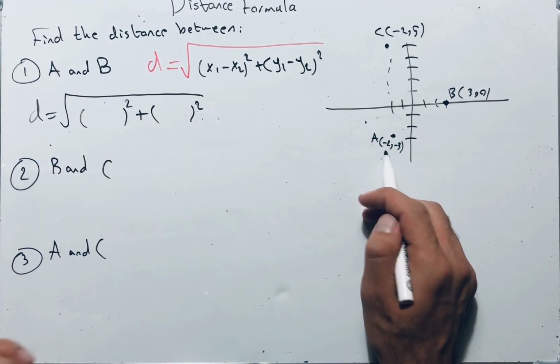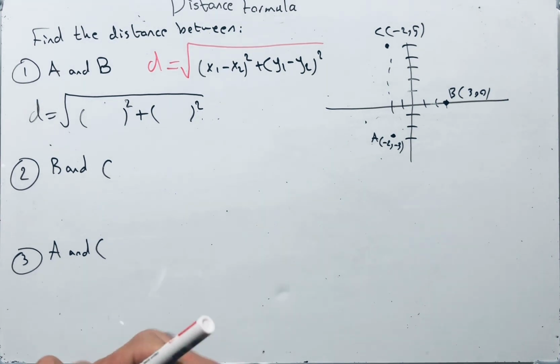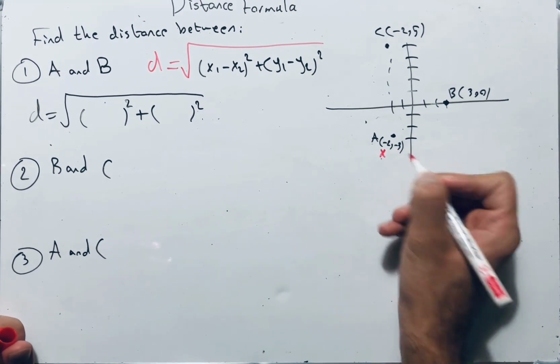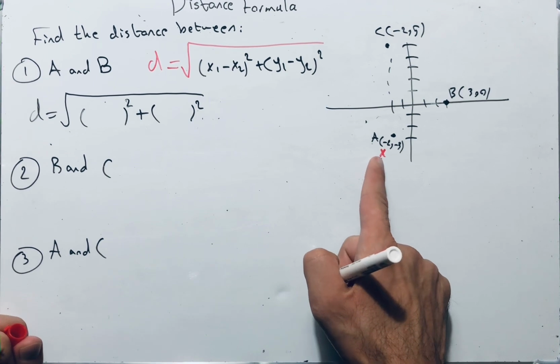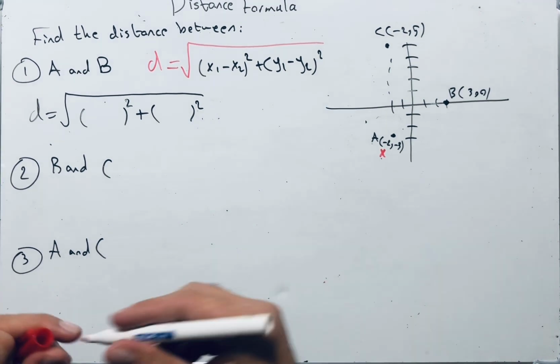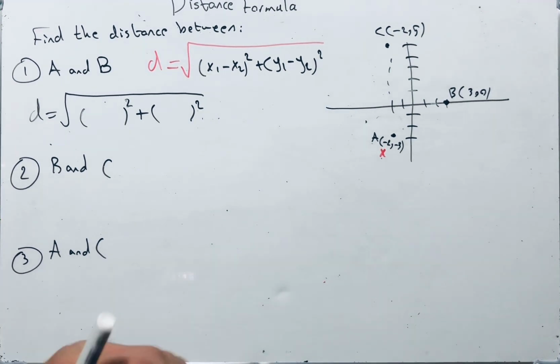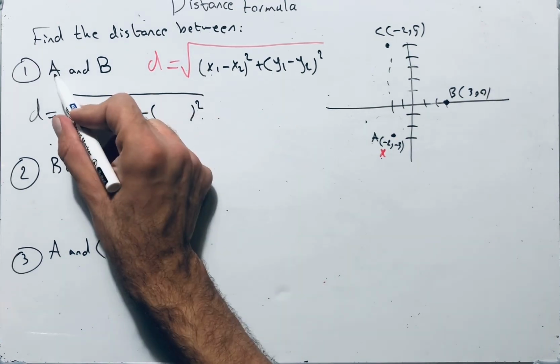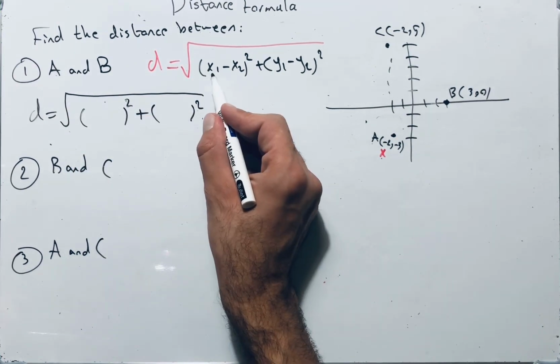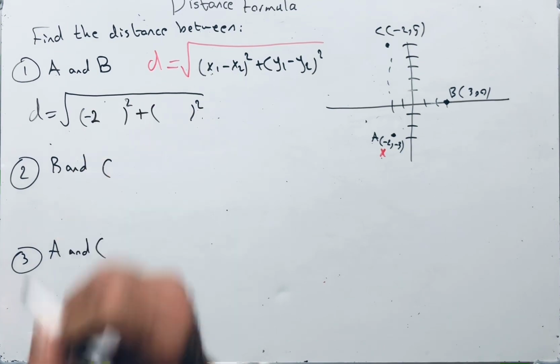So this is A, right? Here we can say the x component for A is -2. So we can write x1 is for A, so we're going to be writing -2 here.